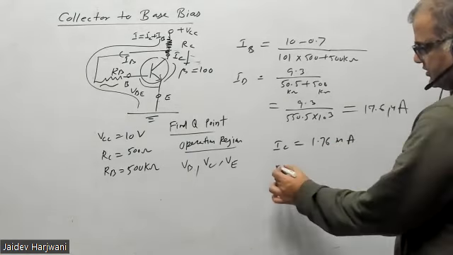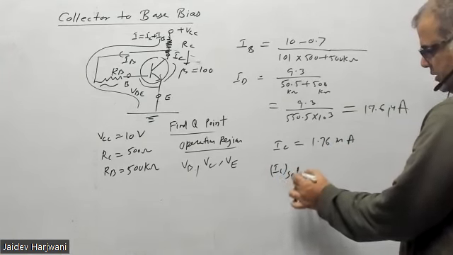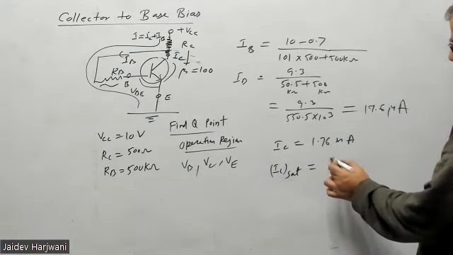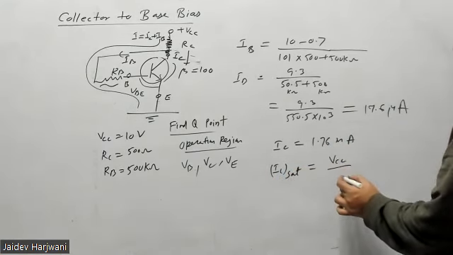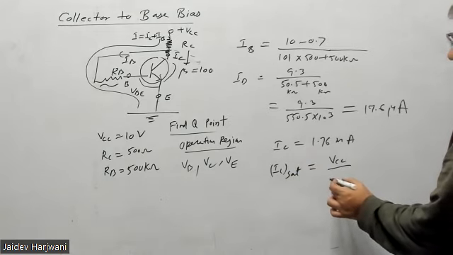And IC saturation, what will it be? VCC upon RC, that is 10 upon 500 ohm.